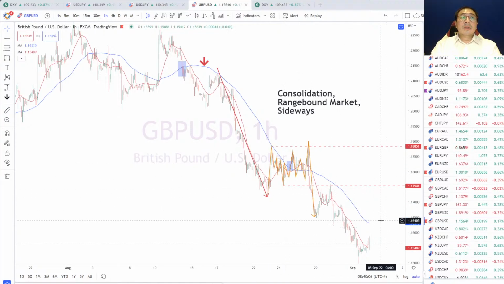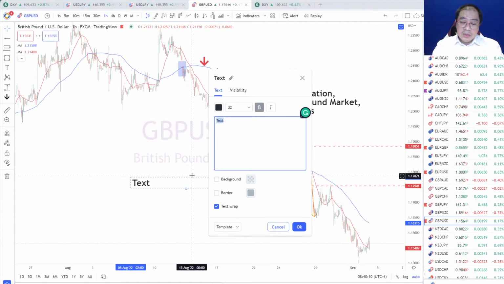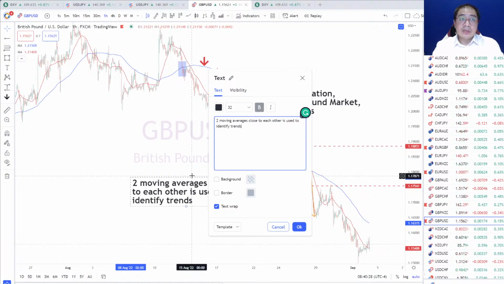Okay, so when it comes to moving averages, we'll talk about this when we focus more on the different moving averages, but keep this in mind. Two moving averages close to each other are used to identify trends in the market.